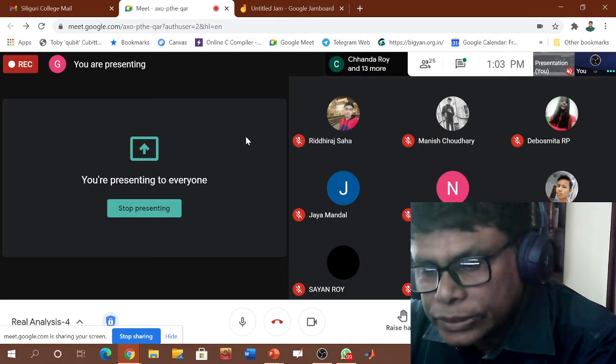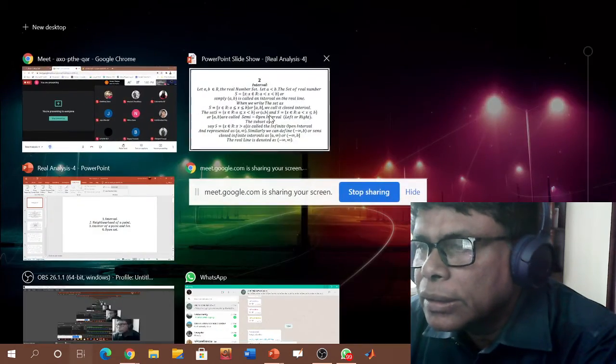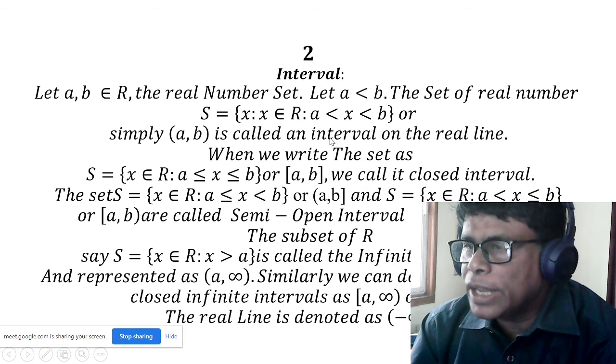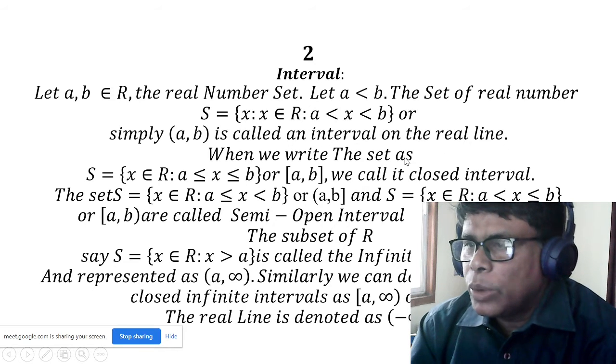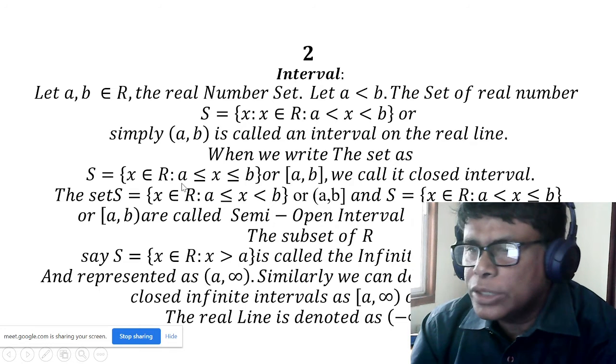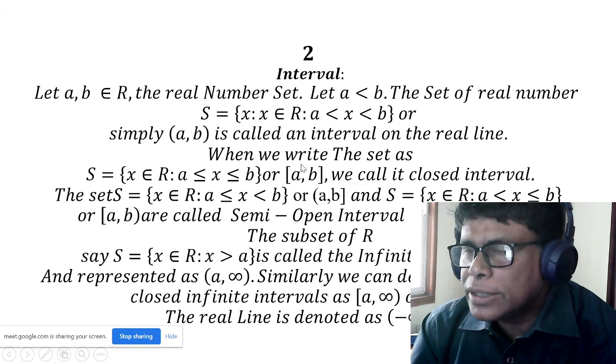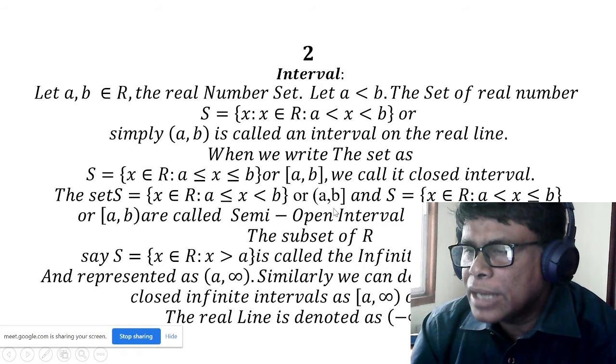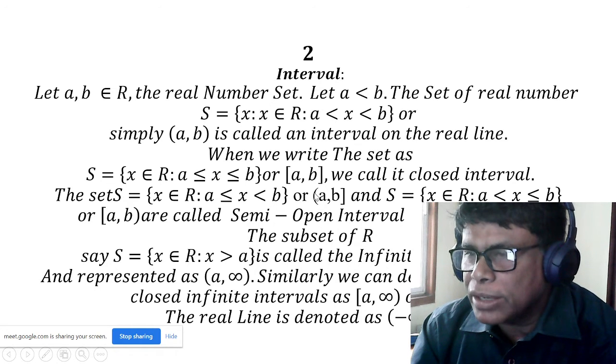Okay, then this is called the interval on the real line. When you write the set as this one, we write this interval like this, and we call it a closed interval. The set S is written as a semi-open interval. Why?